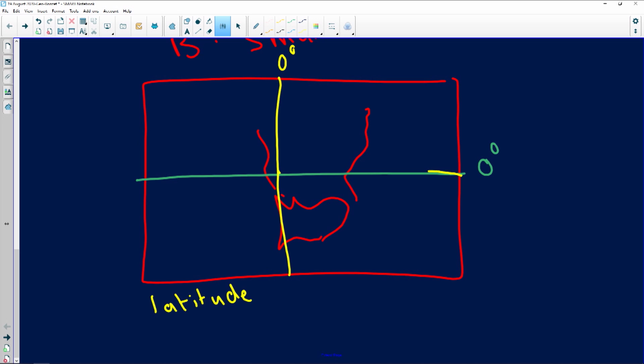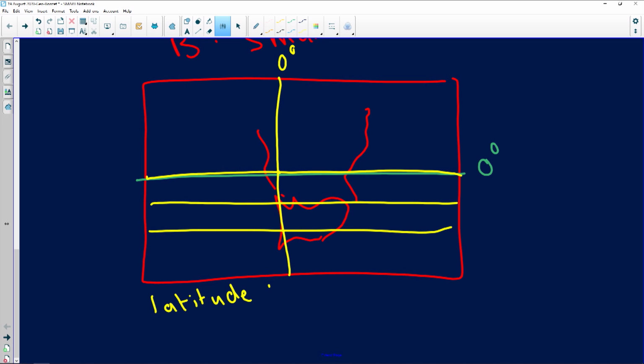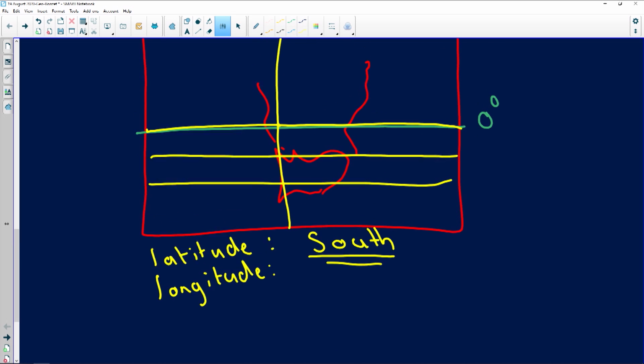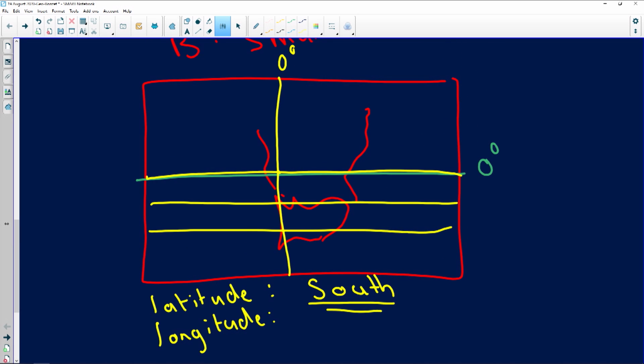Very importantly, grade 12s, when we look at latitudinal position, it's the horizontal lines. Where do we find South Africa of the equator? South of the equator. So our latitudinal position will always be south. If we look at our longitudinal position, where do we find ourselves of the Greenwich?